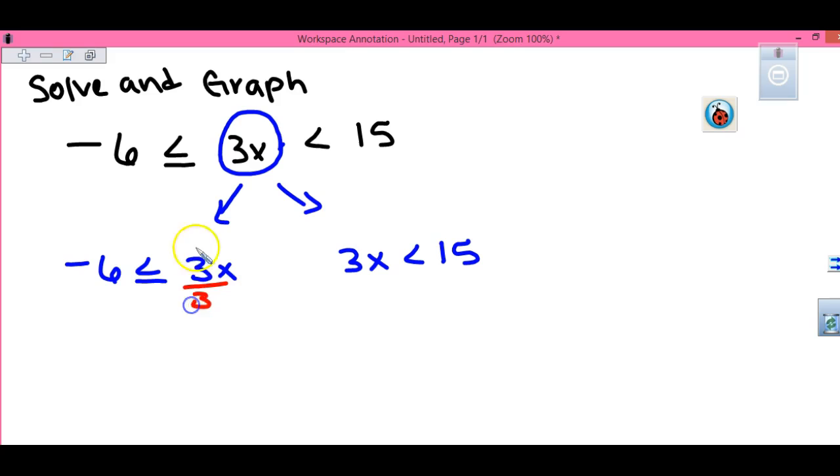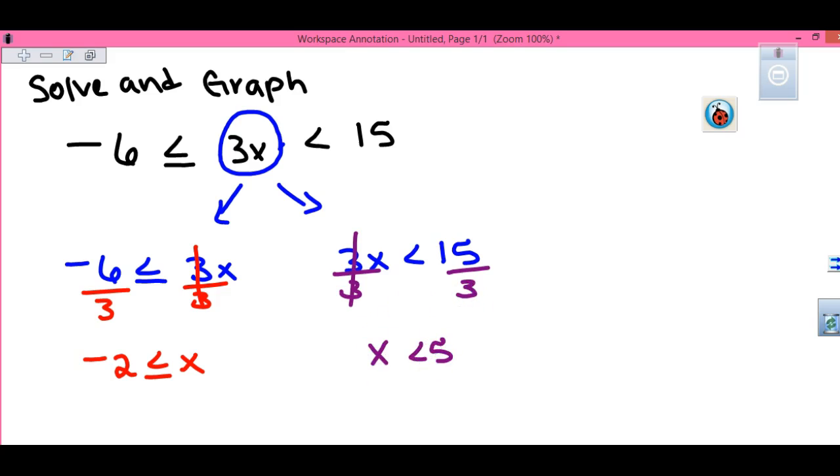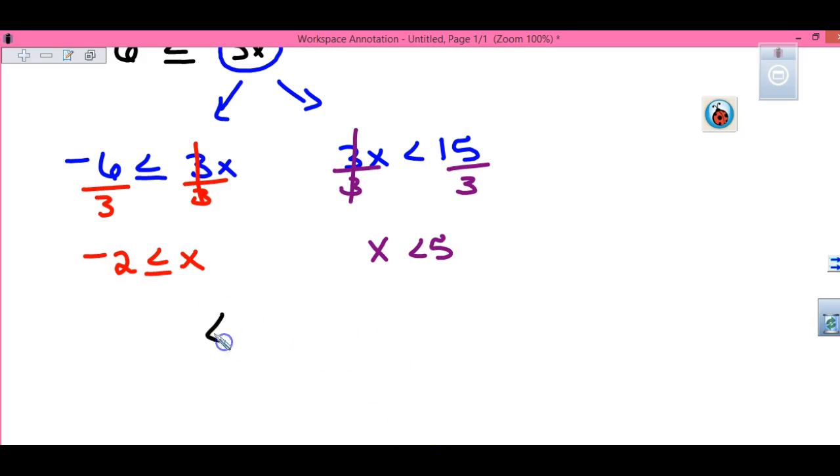So we're solving for x. Divide by 3, divide by 3. -2 is less than or equal to x. Divide by 3, divide by 3. x is less than 5. If we graph this, -2 and 5.